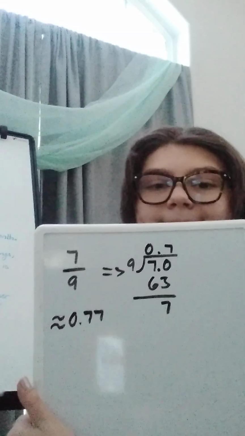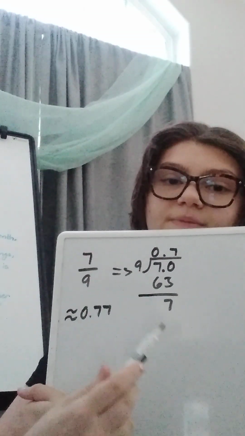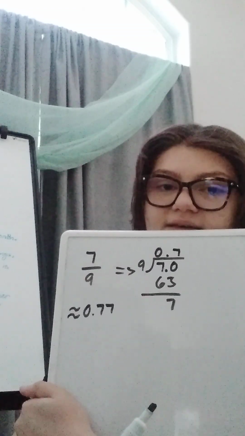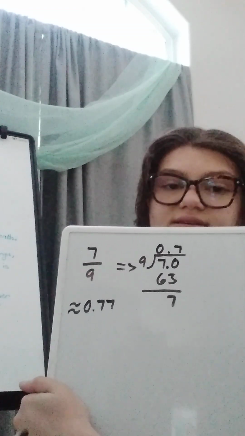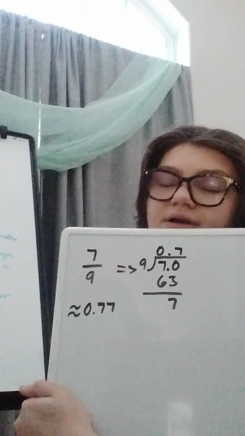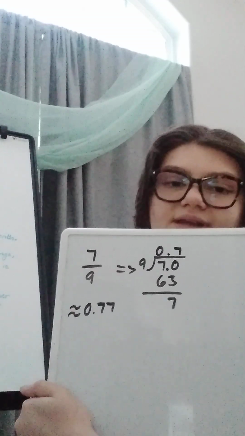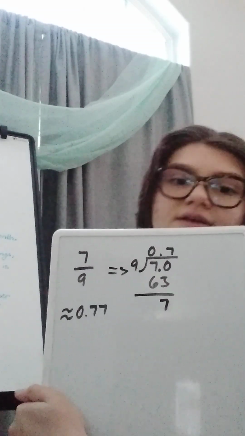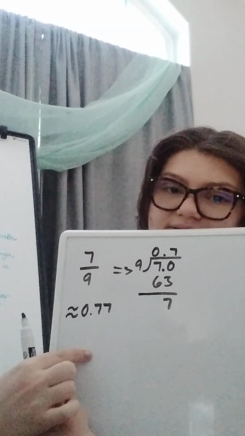I'm gonna round this to 2 decimal places, so we can say 7/9 is approximately 0.77, right? Because if I do this again, that'll become 70, and then 9 into 70 again will be 63, or sorry, 7. 7 times 9 is 63. So you'll keep getting that 7 back. So you're going to have that repeating 7 there.